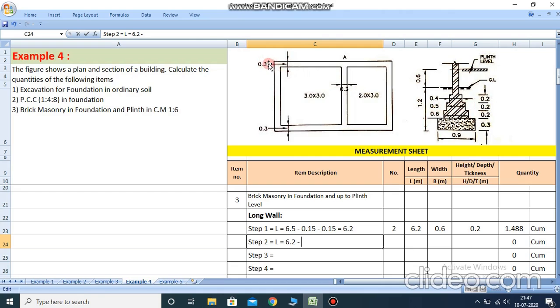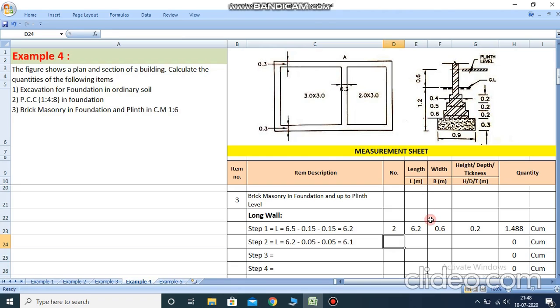So for this part 0.05 and for this part 0.05. So 6.2 minus 0.05 minus 0.05, the total value we got is 6.1 meter. Clear?